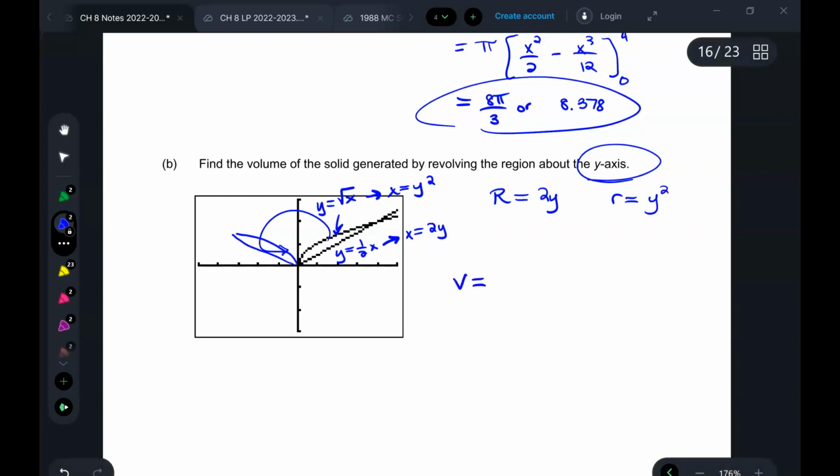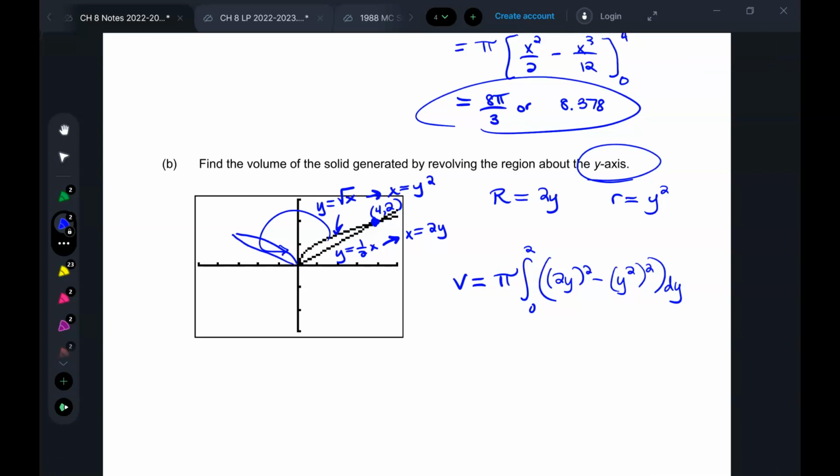And then the volume is going to be pi. What are my limits of integration? 0 to 2. Because this ordered pair here was going to be the 0.42. But I always want to use y values for everything. So we'll have 2y squared minus y squared squared.